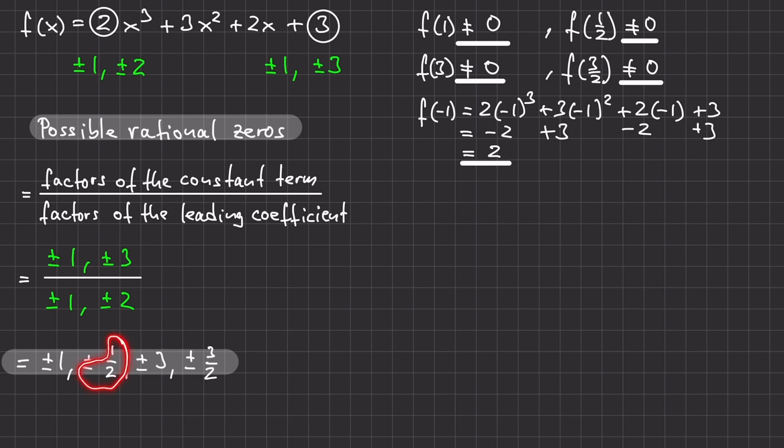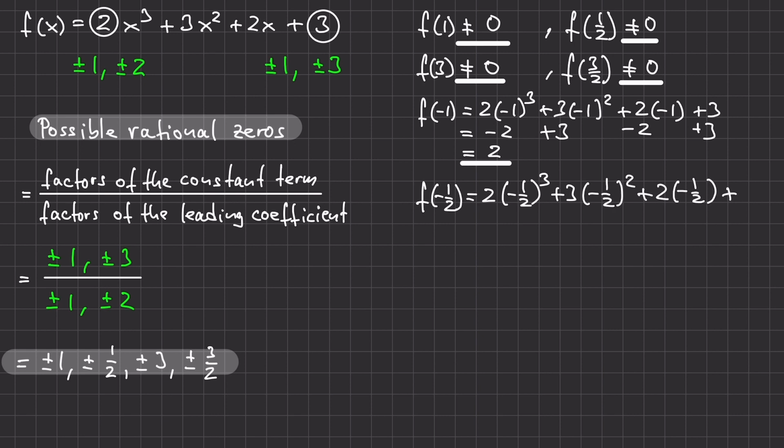f of negative 1 half equals 2 times negative 1 half cubed plus 3 times negative 1 half squared plus 2 times negative 1 half plus 3. Negative 1 half cubed is negative 1 over 8 times 2 is negative 1 over 4.